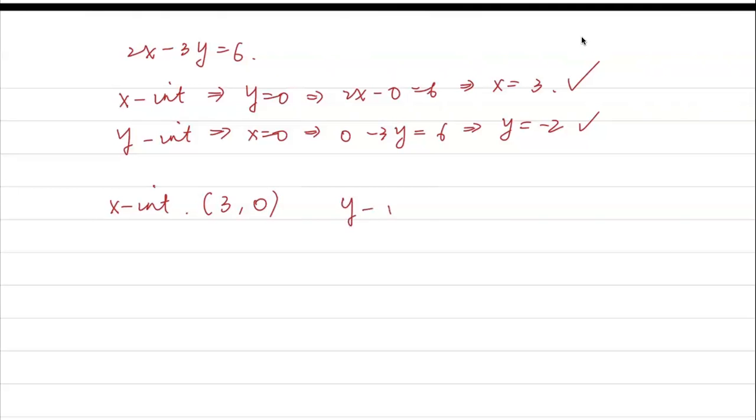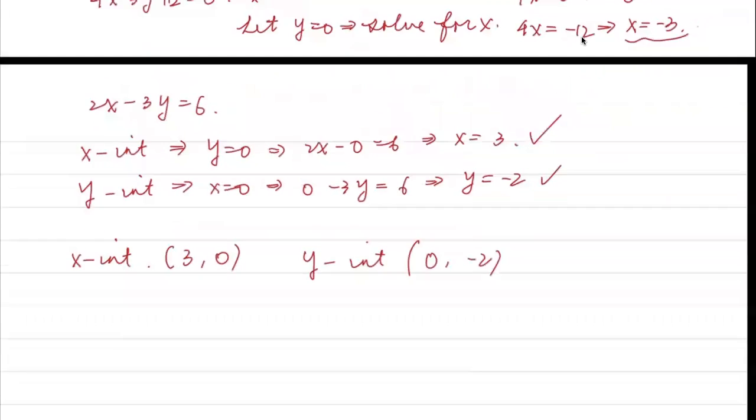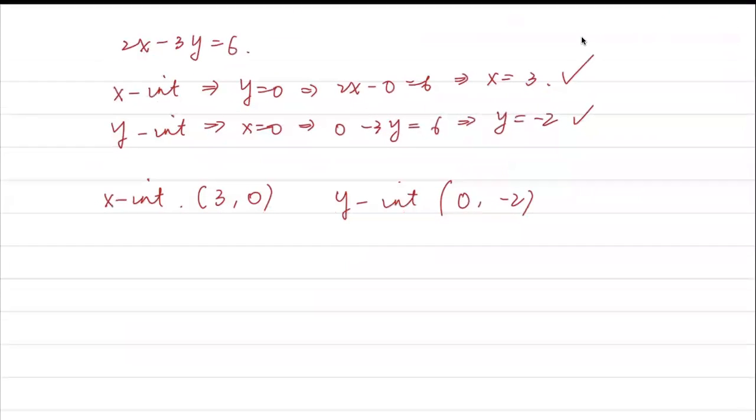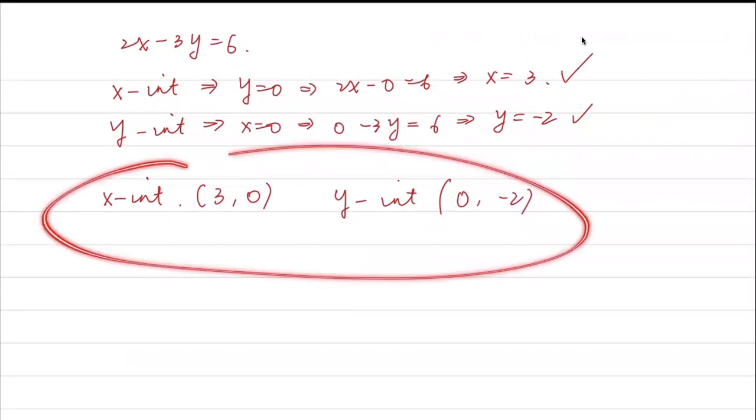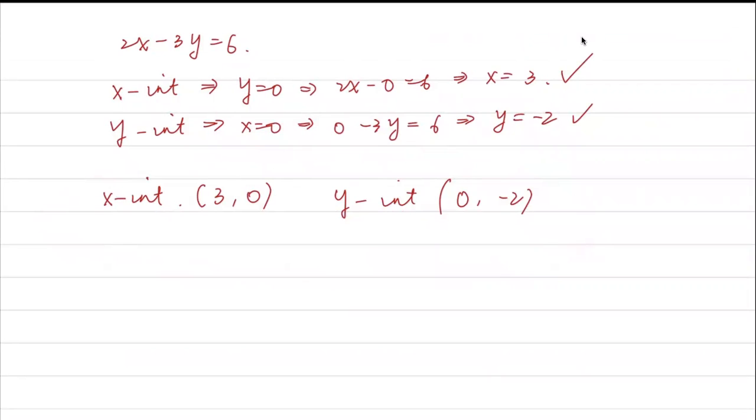And for the y-intercept, the point should be 0, minus 2. So we need to know the difference between these two things. This is the x and y intercepts in terms of distance, and these two are the coordinates of the points where the x-intercept and y-intercept are.